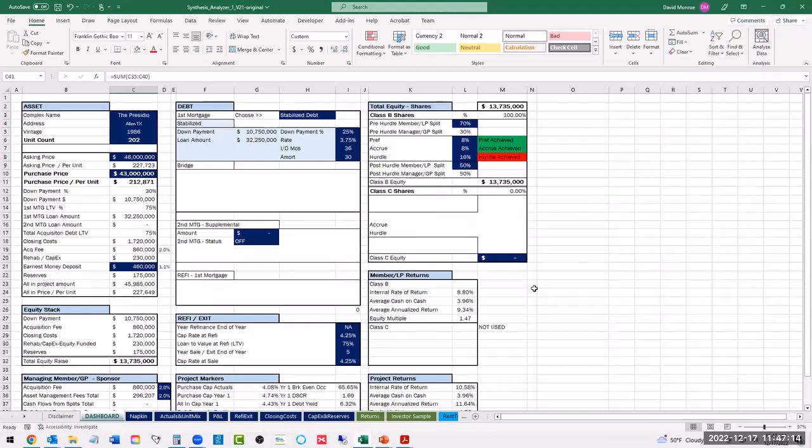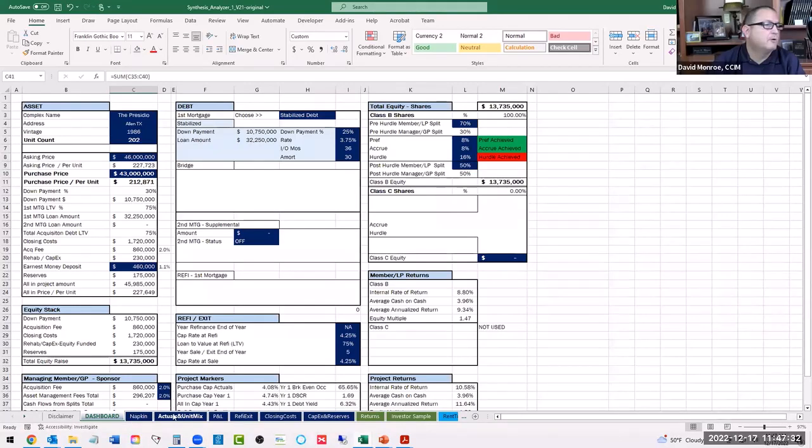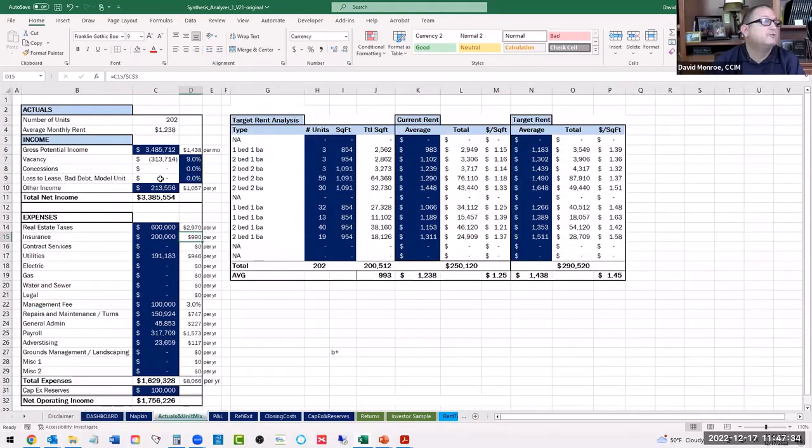Question. Go ahead, man. So in the model, you put vacancy is 9%, and we looked at last week that the market average vacancy is about 5%. Right. So if we go back to actuals, you can see that we're at 9%.